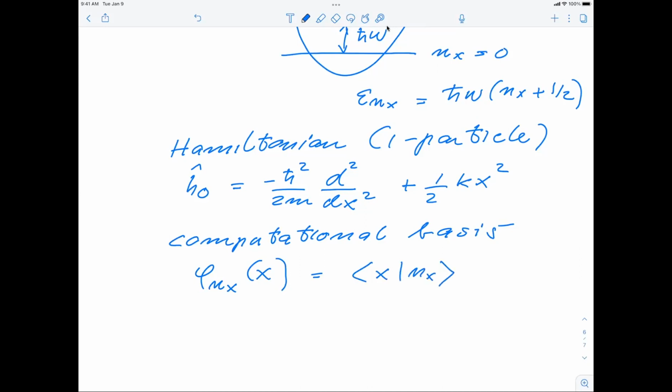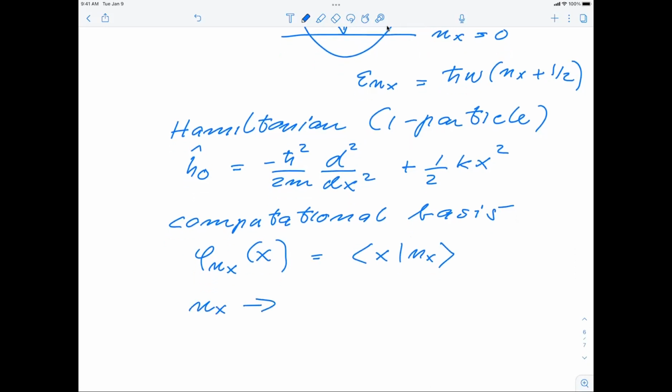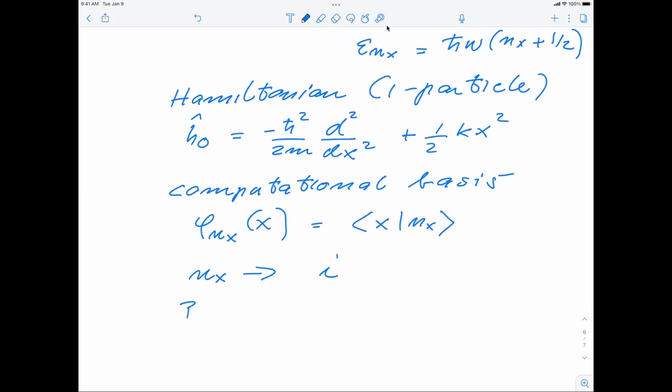Now, I want to make this general now. So I'm going to transform this nx to just an index i, just to keep it more general, because then we can look at a general basis. We don't need to think of a harmonic oscillator. So that means that we have a basis where we have the states i, which go from 0, 1, 2, and in principle up to infinity.